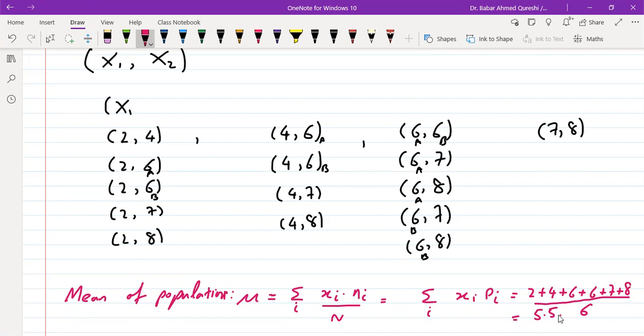Now suppose you want to compute this mean, or you want to have some idea about the mean, and you take one sample. What are the chances that you will hit the mean? Very little, because you will either land on 2, on 4, on 6, or 7, or 8.